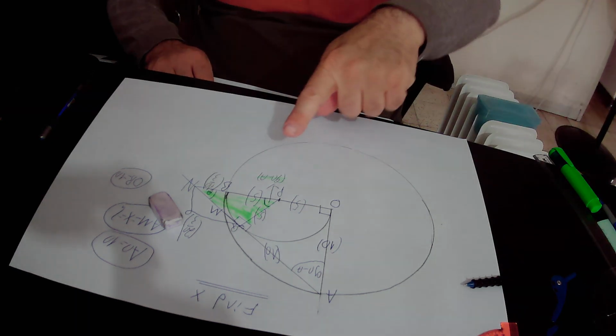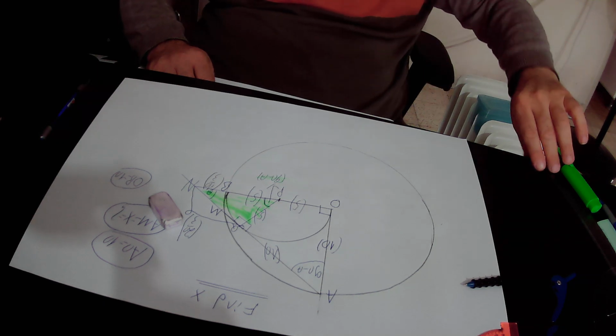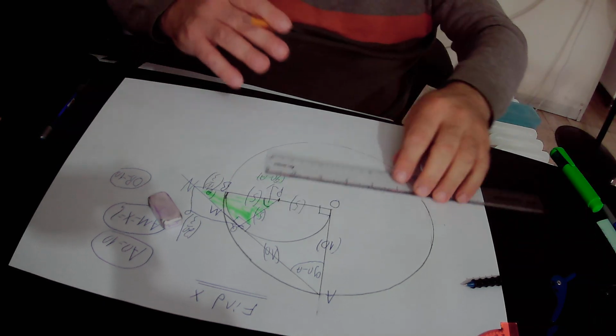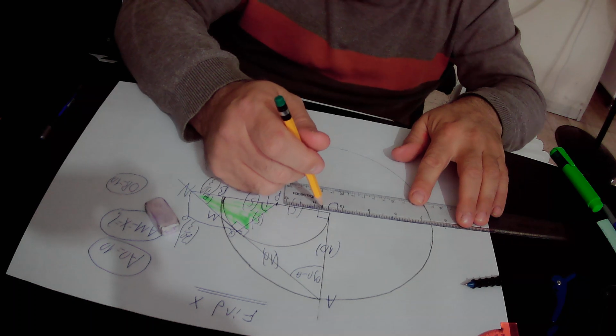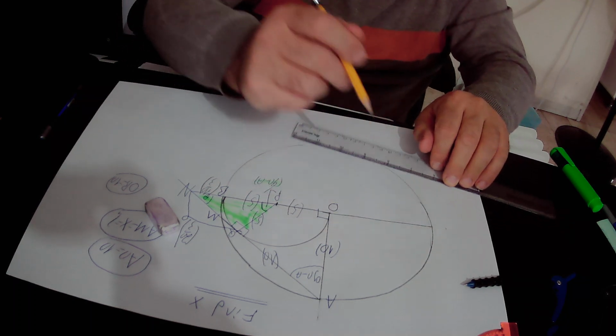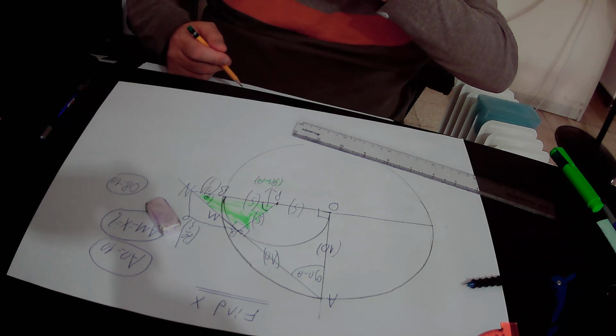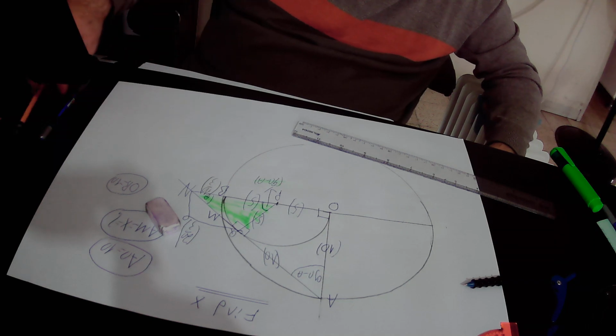And we'll extend side BO by a straight line until it touches the circle, and we define the touching point of the extended side BO with this circle as C.